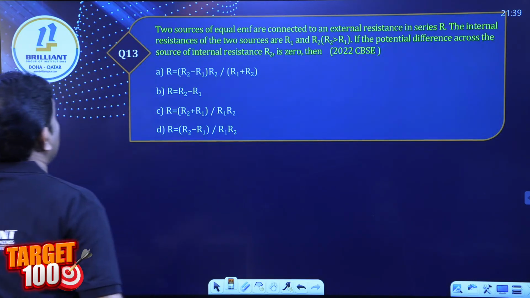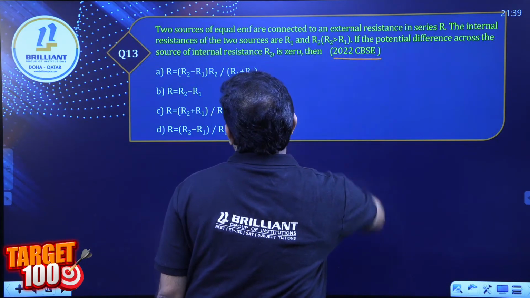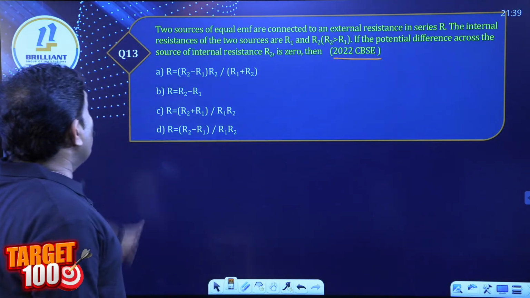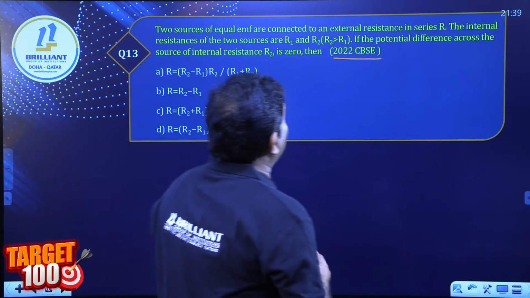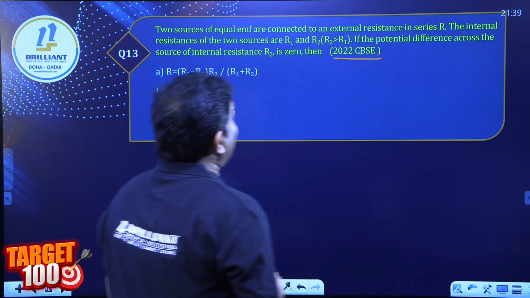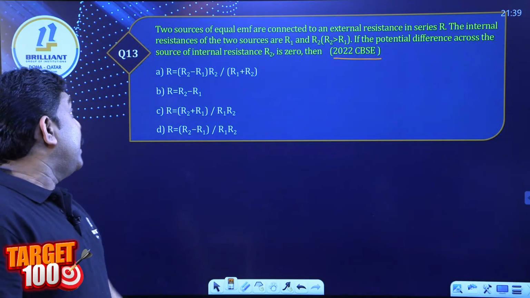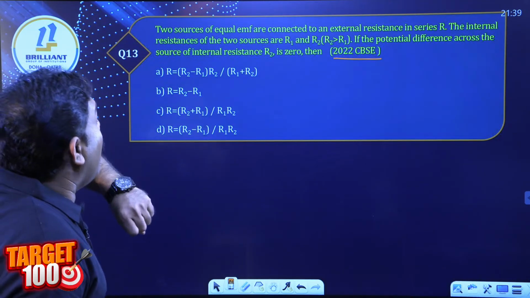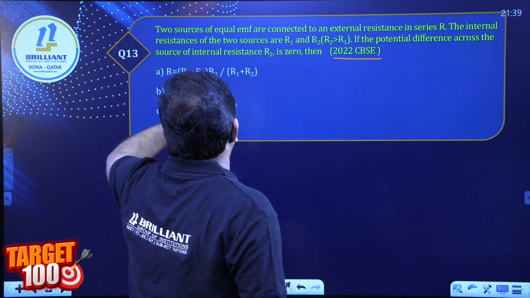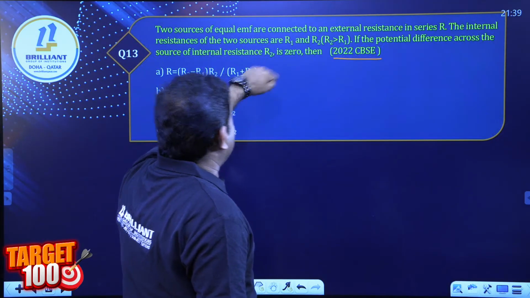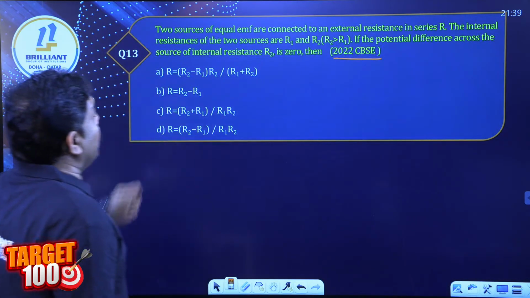Now we are trying question 13. Question 13 is a 2022 CBSE question. So look, two sources of equal EMF are connected to an external resistance capital R in series. The internal resistances of the two sources are R1 and R2, R2 greater than R1. If the potential difference across the source of internal resistance R2 is 0, then what is the relation between them?